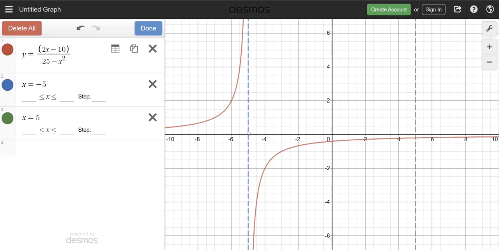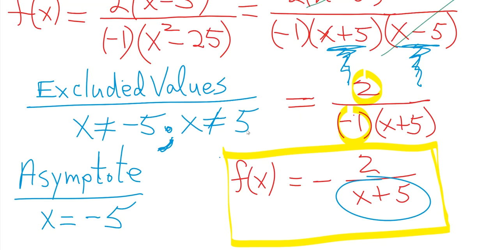All right, so notice when x equals -5, right here, you see where I'm at, x equals -5, that's this blue dashed line. It's a vertical asymptote. When x equals -5, we have 0 in the denominator. In case you've forgotten, quickly back to the other graph, notice that when you have x equal -5, then this thing is 0.